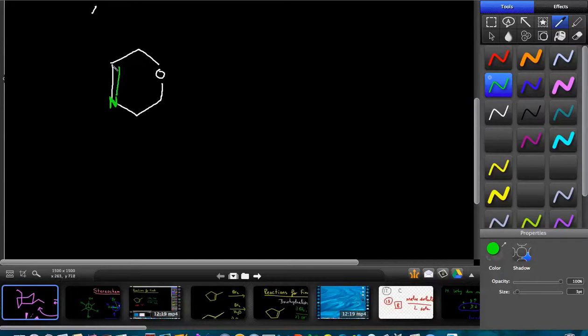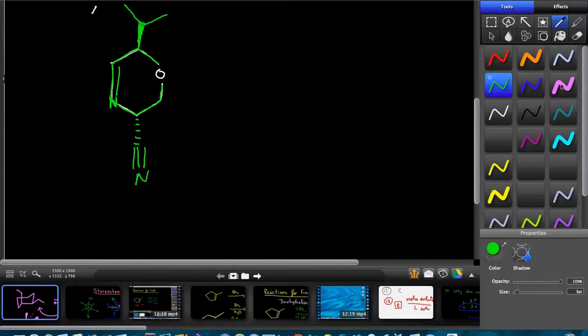That way I can make a double bond. And we have a nitrile as well.